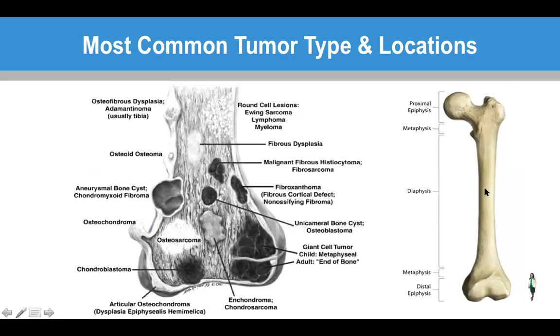This is an image I got from Amazon.com, credit goes there. It's showing the most common tumor types and their location. I want to draw your attention to this area, what we call the epiphysis-metaphysis area. Giant cell tumor of bone lives in this area. Usually it's in patients in their 30s, and female is more common than male.